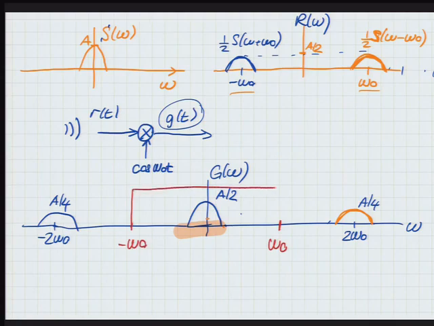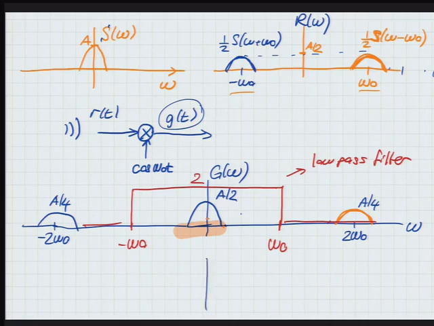So this is the low pass filter frequency response. And if the amplitude of that is 2, that means you recover perfectly after the low pass operation. You recover perfectly the signal that was sent.